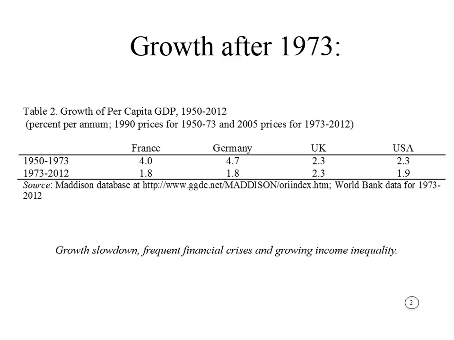Now, the general features of this era: growth slowdown, frequent financial crises, and growing income inequality. Interestingly, from the moment that the Bretton Woods system broke down, we reverted back to the problems of the early 20th century.